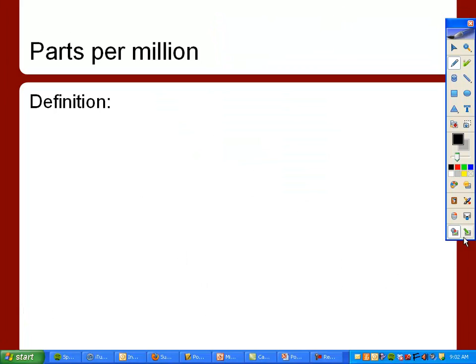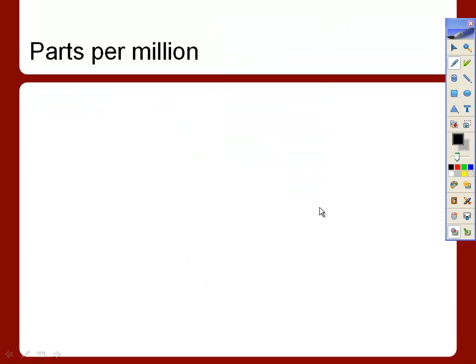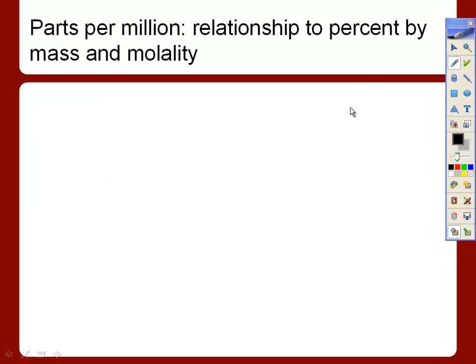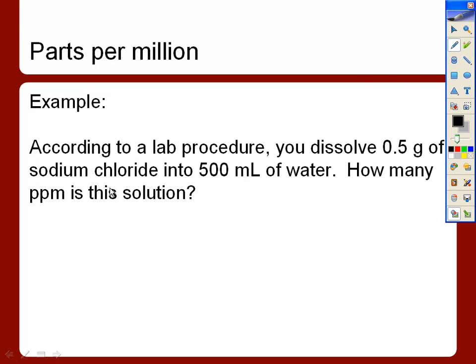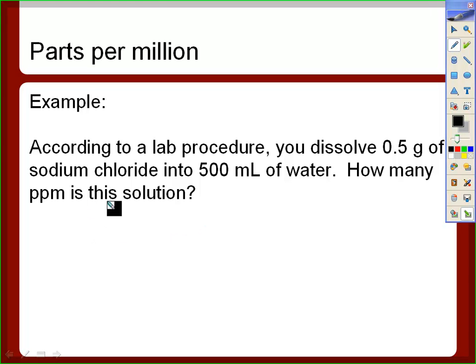So let's look at one of these here. Here's an example. It says, according to a lab procedure, you dissolve 0.5 grams of sodium chloride into 500 milliliters of water. How many parts per million is this solution? So I would go ahead and set this up as a percent by mass first. I've got 0.5 grams, and the total mass of my solution is going to be that 0.5 grams plus my 500 milliliters of water.